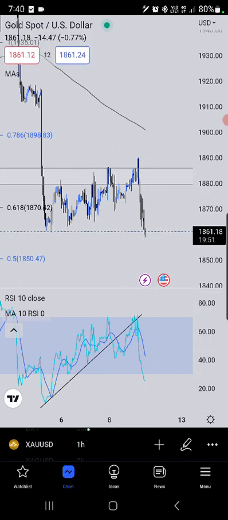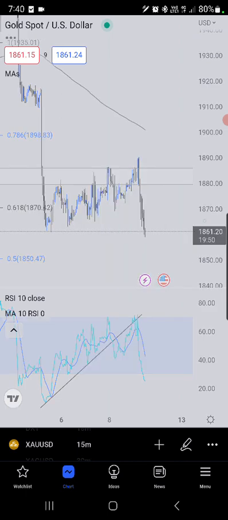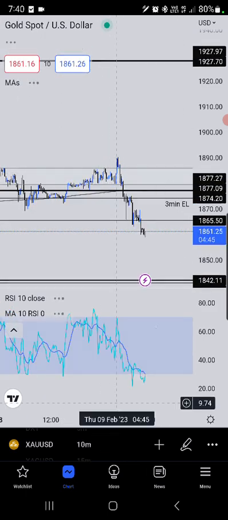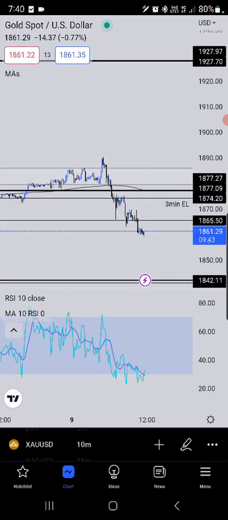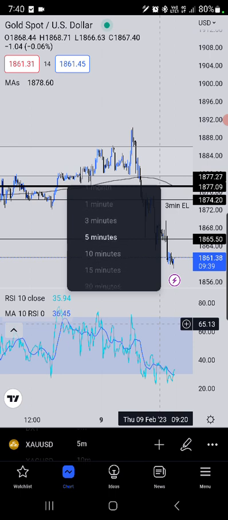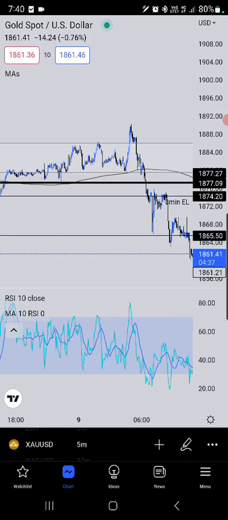Let me see, what do we got here? It looks like we got, I haven't even looked at this, but it looks like we got a beautiful 3-phase market setup there, potentially, if we got that smaller time frame contraction zone.